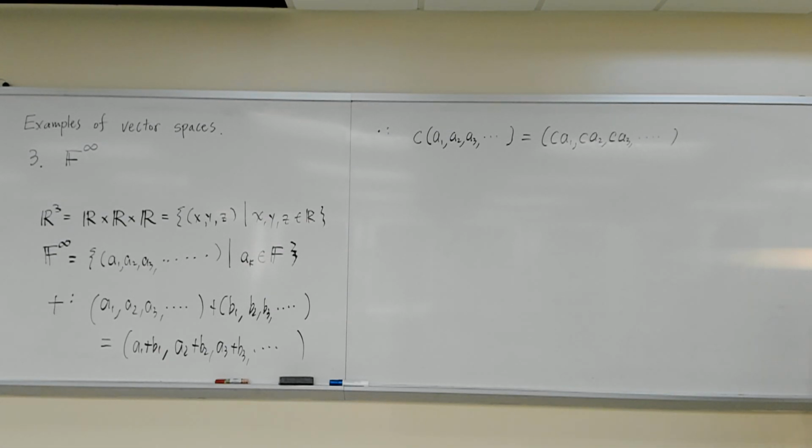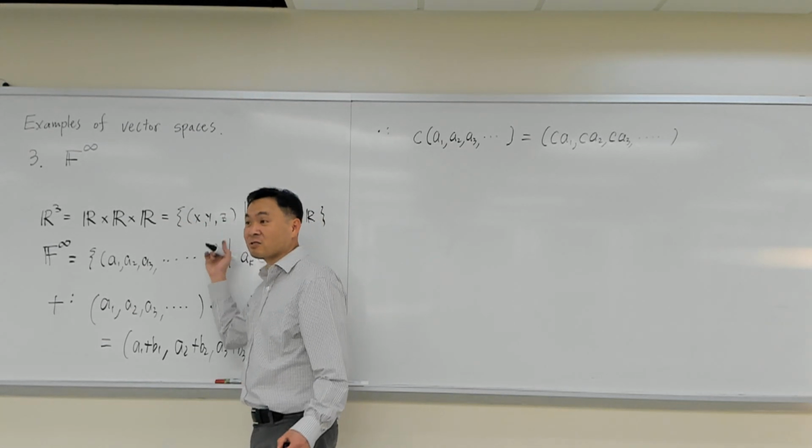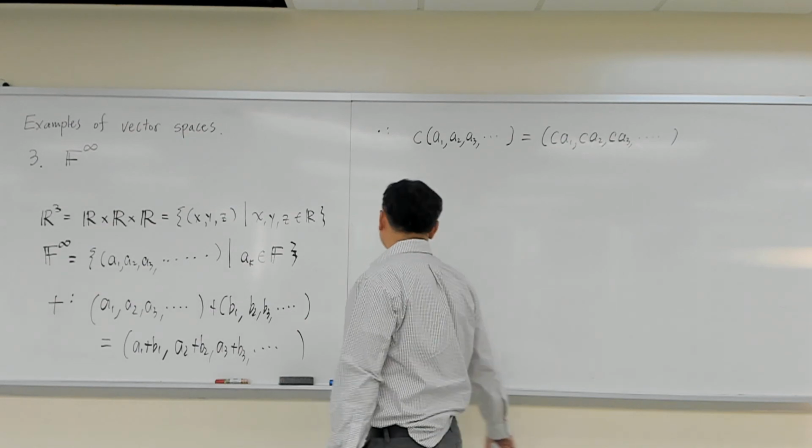Again, exactly the same way you would do in R3. If you had the number outside, you would multiply it to individual ones. That's scalar multiplication, right? So we're doing the exact same thing.